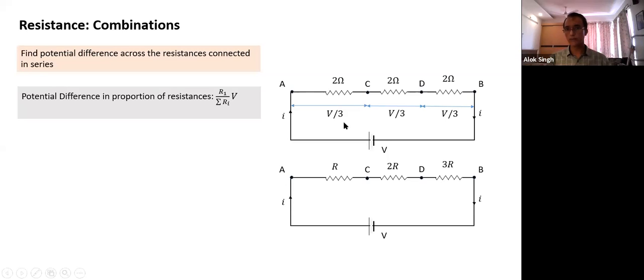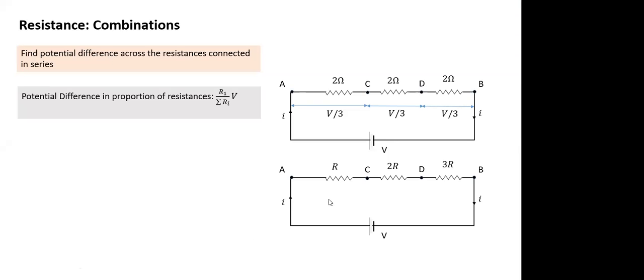Please calculate this. What is V1, what is V2, what is V3? We should have an answer very quickly. Akul, yes, can you tell me? The potential drop will be 2V by 7.